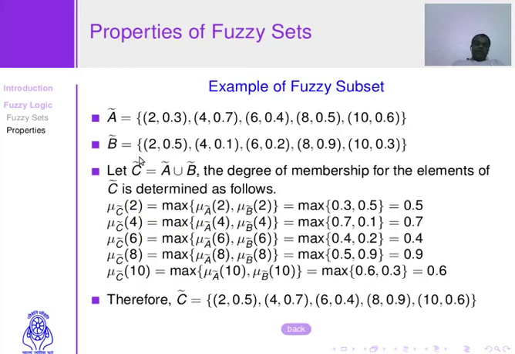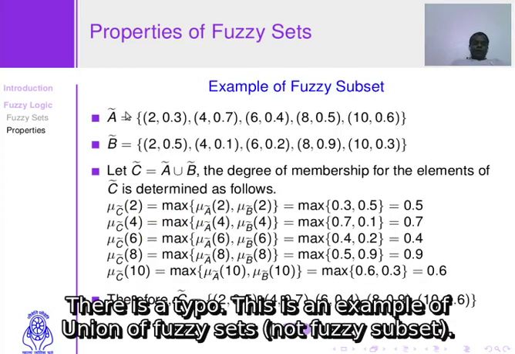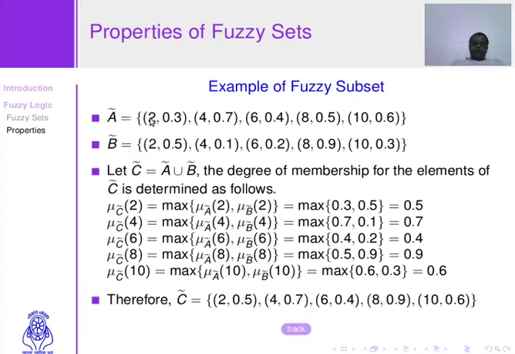Okay, let us consider the example. Here two sets are given, fuzzy set A and fuzzy set B, with their elements and corresponding degrees of membership. Let us assume that C is a fuzzy set which is the union of fuzzy set A and fuzzy set B. So the degree of membership for all the elements of fuzzy set C can be determined as follows. For element 2, take the maximum of the two membership values.